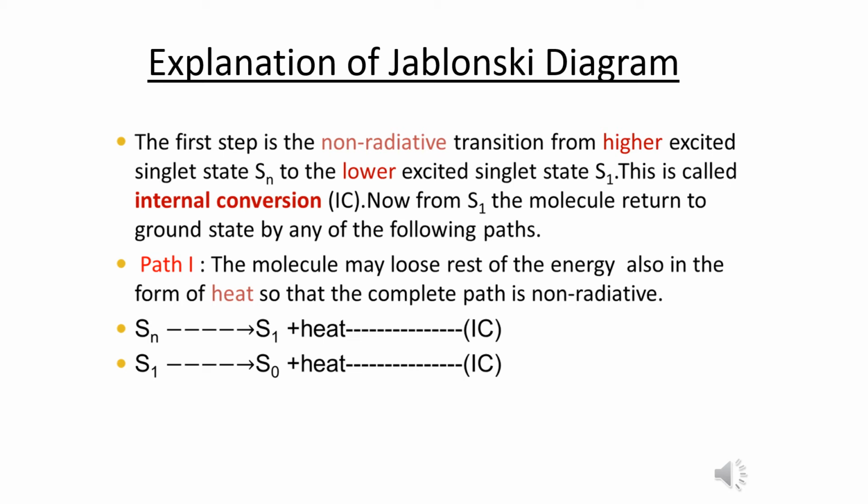Path 1: the molecule may lose the rest of the energy also in the form of heat, so that the complete path is non-radiative. That is Sn to S1 with liberation of heat, internal conversion, or S1 to S0 with liberation of heat, also internal conversion.